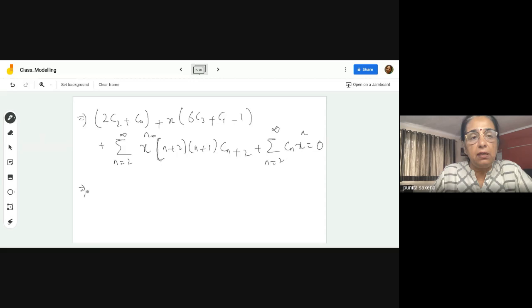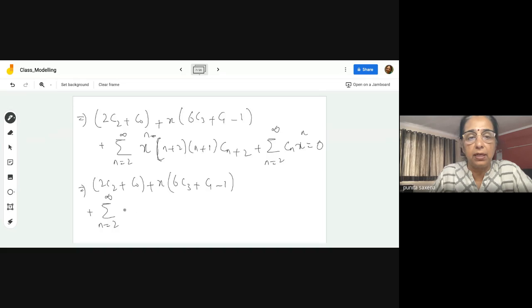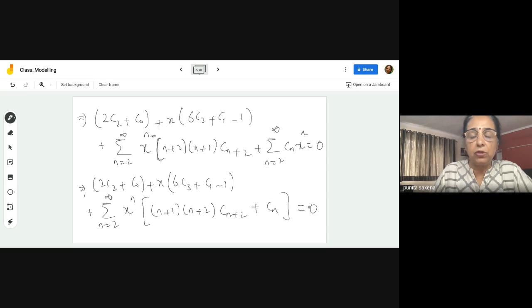So basically what you get is 2c2 plus c0 plus x into 6c3 plus c1 minus 1 plus summation n from 2 to infinity x to the power n into n plus 1, n plus 2, cn plus 2 plus cn equal to 0.